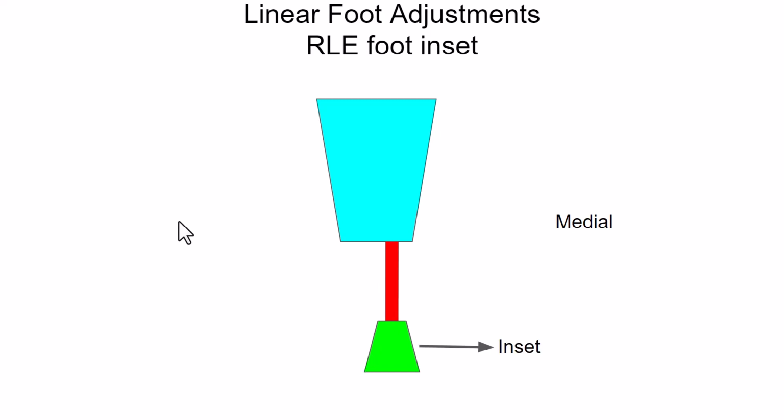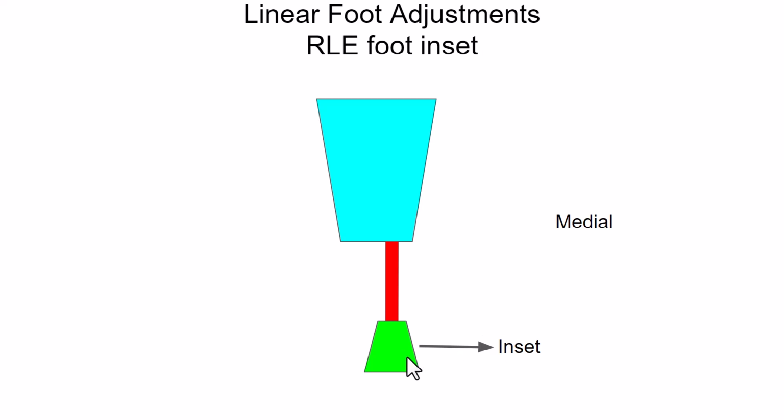Linear adjustments that can be made. There's something known as a foot inset. Here's the socket, but the foot and the pylon have moved medially. This medial inset, this movement medially, is known as a foot inset.